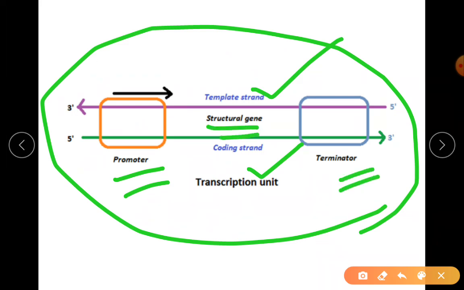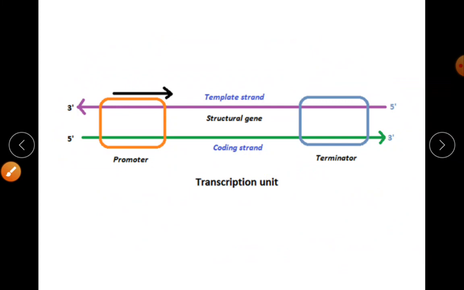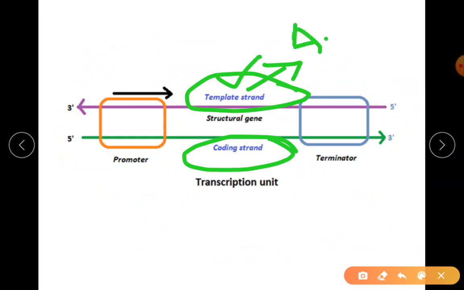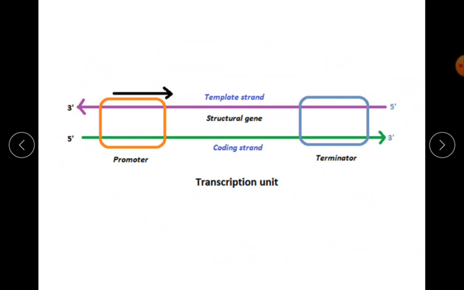So you got your 3 regions. But first you should know what this DNA consists of. As I said earlier, template strand, coding strand. When I say template, it means we are going to use that strand. So that template acts like a substrate. The one which we are using is your antisense strand.